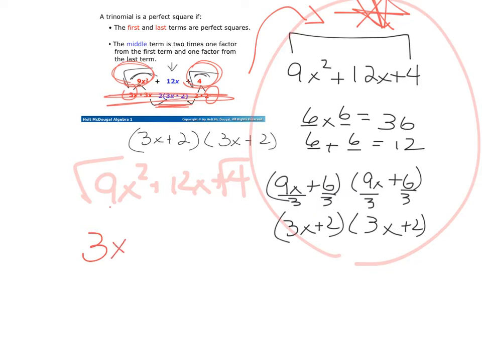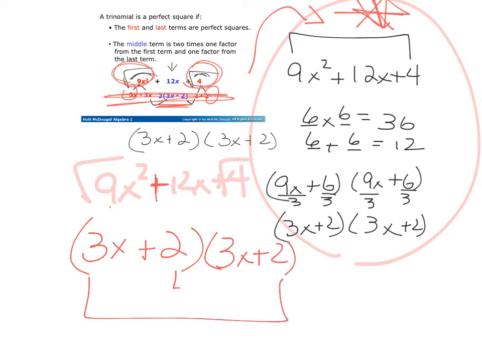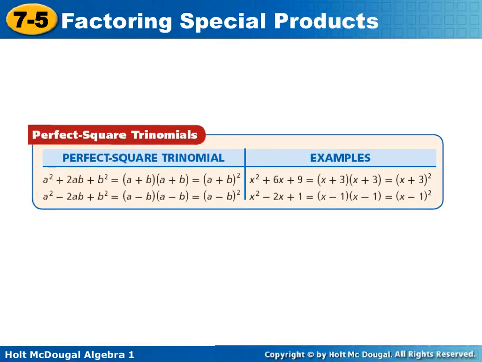The square root of 4 is 2. So you're going to put whatever sign is here in the middle. And then what you should do is write it 2 times and FOIL it. If the outer and the inner don't give you 12x, then you know you can't do that and you have to do it the long way. Okay? All right, let's try another one.